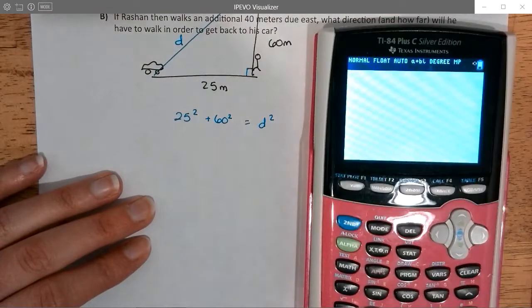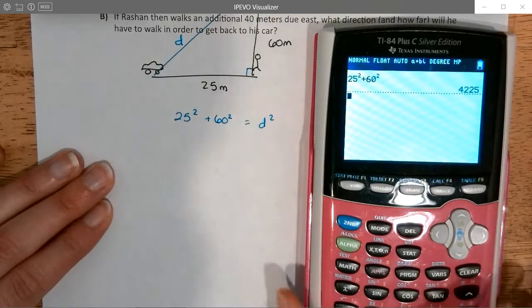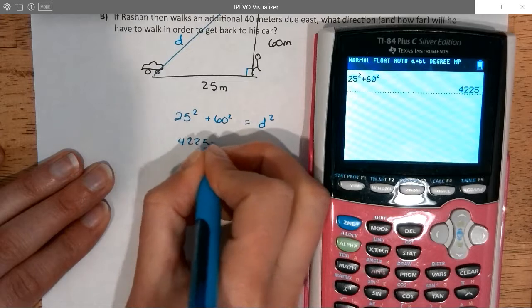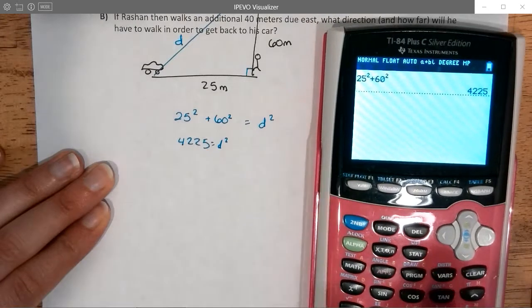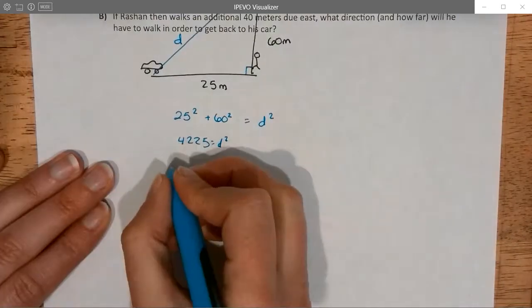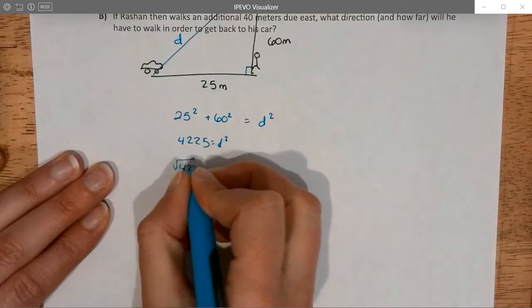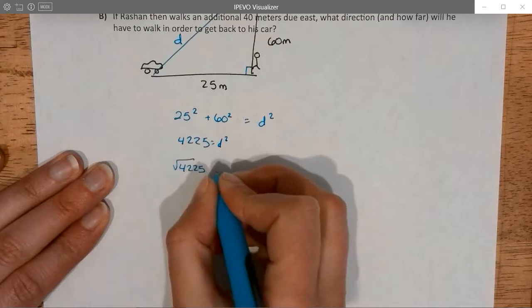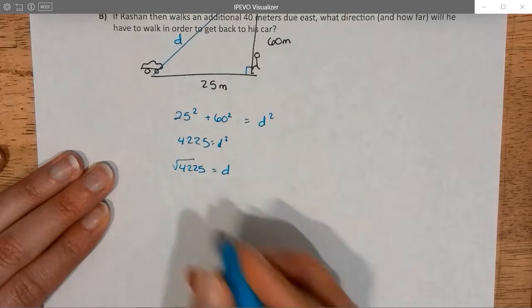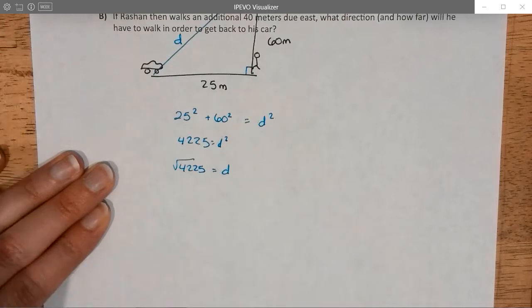25 squared plus 60 squared is 4,225, which equals D squared. If I square root both sides, the square root of 4,225 equals D. I could probably divide that by 25. Ooh, and maybe it's a perfect square, actually.